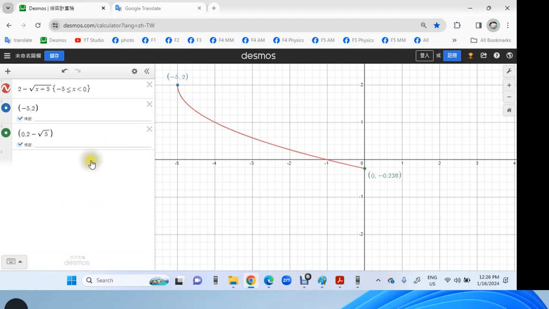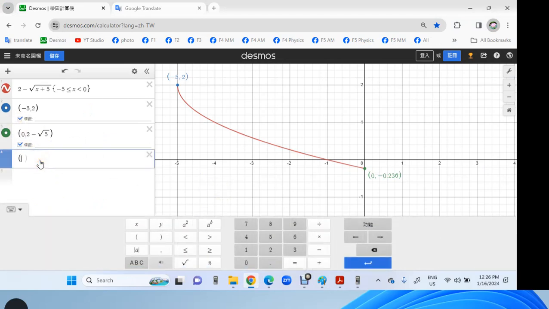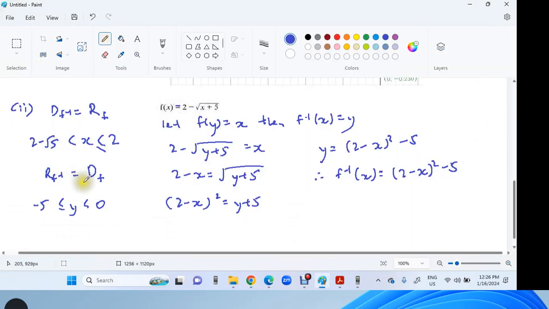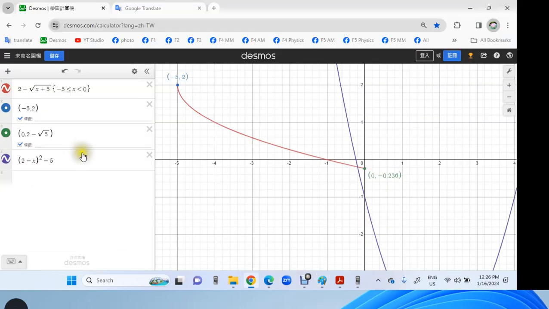Okay, so we have 2 minus x, and then we square it, and minus 5. The domain is from 2 minus square root 5 to 2.